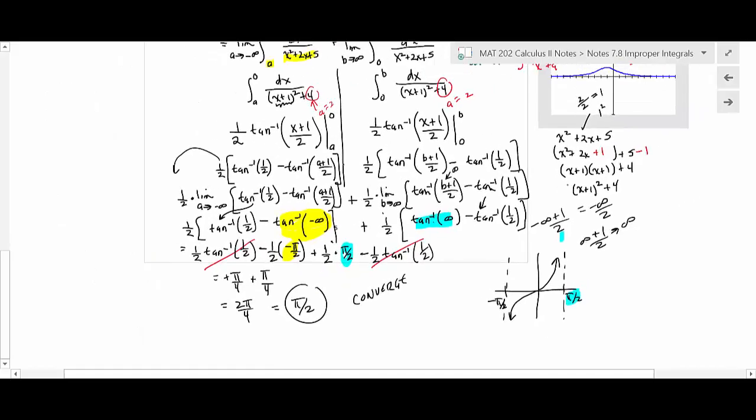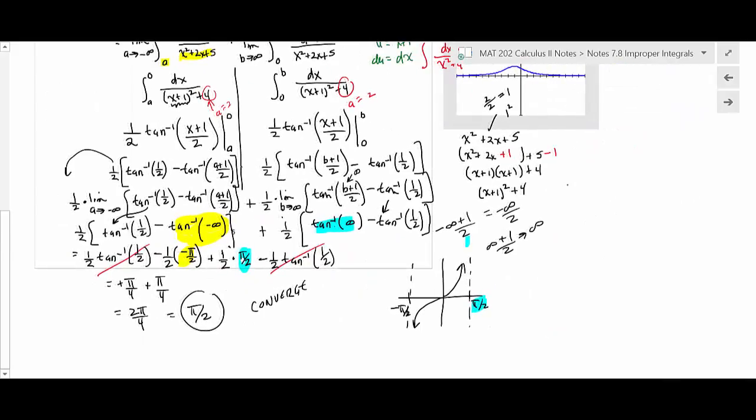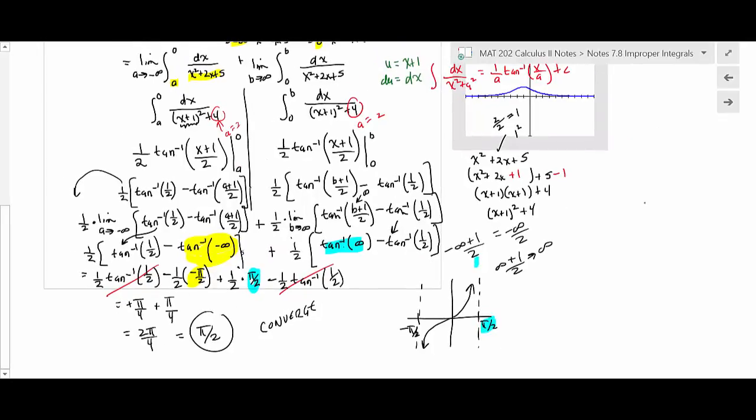So that's how you handle the improper integral when it's from negative infinity to infinity. And what that would be saying is, this is what the graph of that looks like. To me, that's very fascinating. I don't know about you, but that whole area right there is approaching that finite value. That almost looks like a bell-shaped curve that you would do in statistics. It's not, but it resembles that.